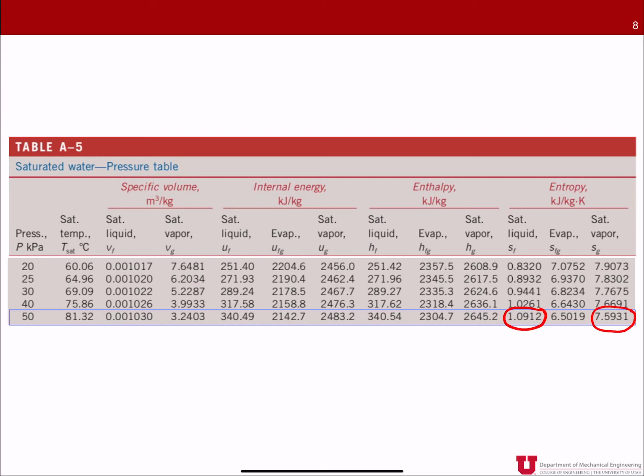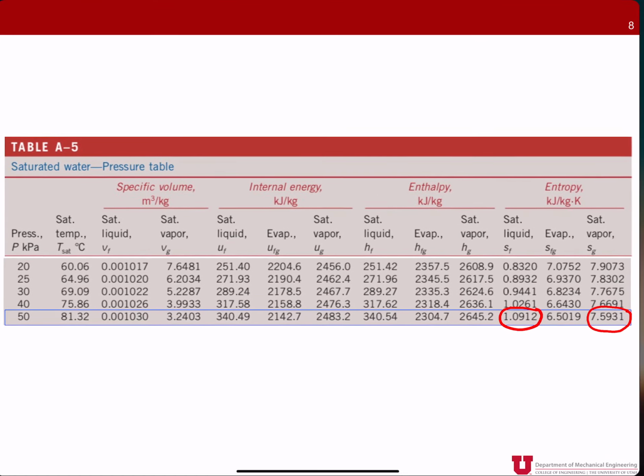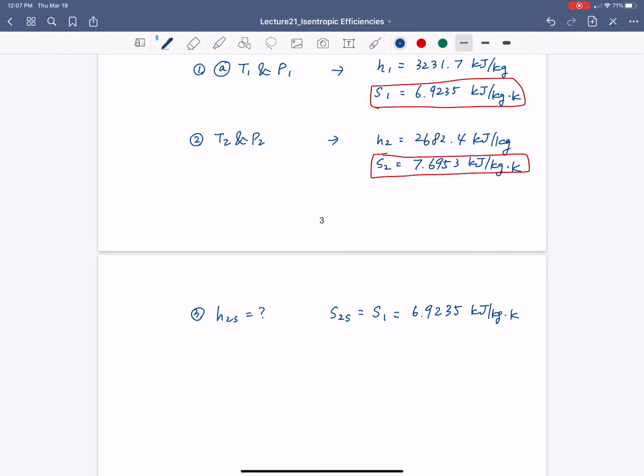And from this value, what we now see is that the entropy we know at the exit is in between the saturated liquid entropy and saturated vapor entropy. So from this comparison, we can clearly see that this one is in the saturated mixture region.